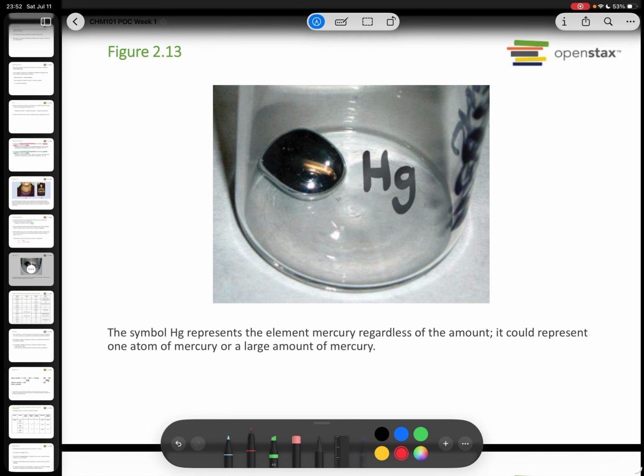So, in a bottle label, makikita niyo dito, no? Hg means the sample contains mercury. Okay? So, in an atomic discussion, Hg may mean 1 mercury atom, no? Pagdating sa mga discussion or computation. Okay?